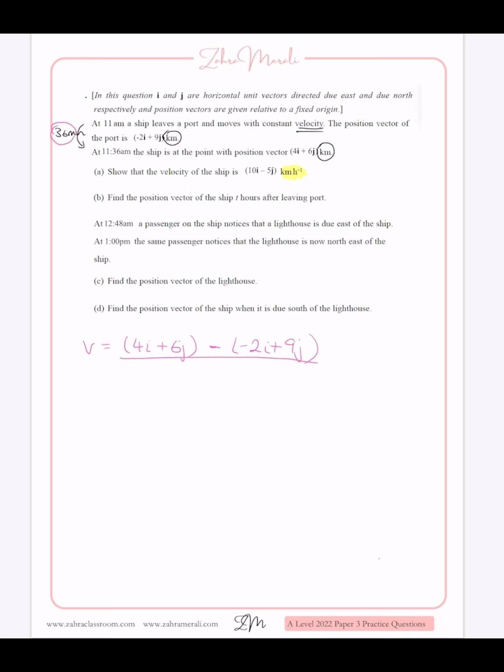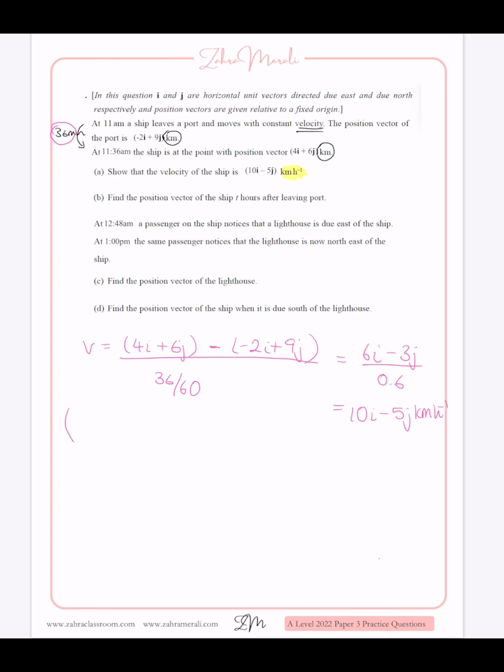So we've got 36 minutes out of 60 in total. That gives me 4 minus 2 to give me 6i, and then 6 minus 9 minus 3j, divided by 0.6, and that will give me 10i minus 5j kilometers per hour.